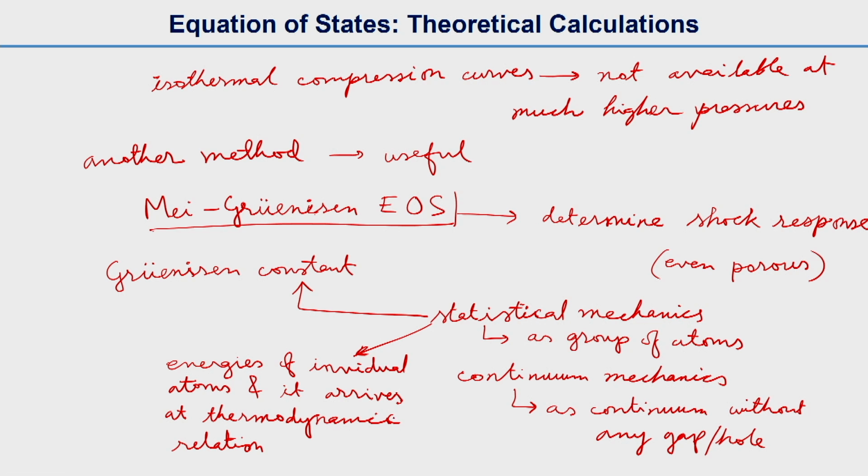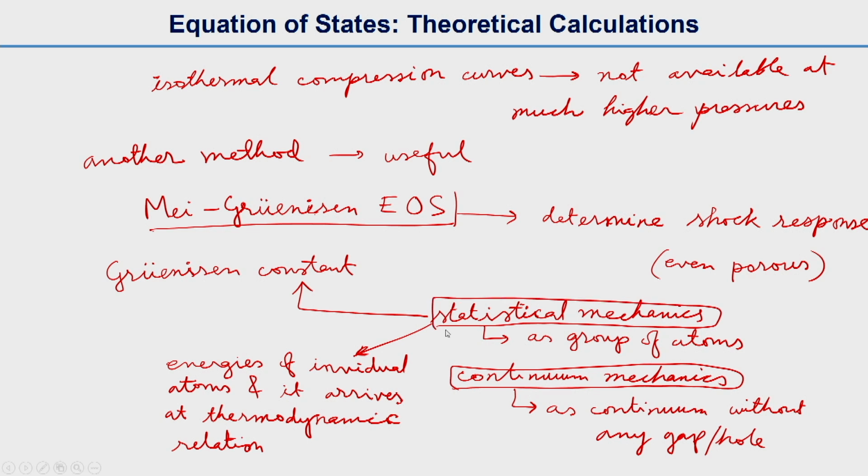So that can be connected. So as you can understand, continuum mechanics is different, and statistical mechanics is different. So to get the constant used in the Mie-Gruneisen equation of state, that is the Gruneisen constant, we need to use some theories from statistical mechanics.